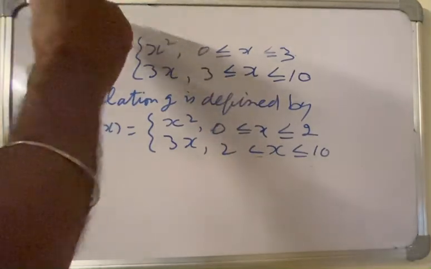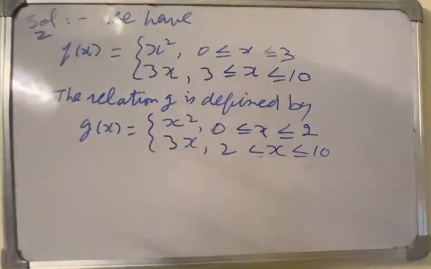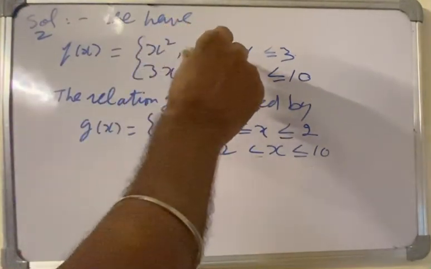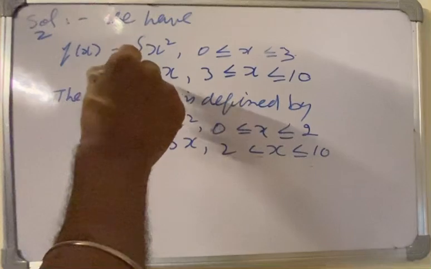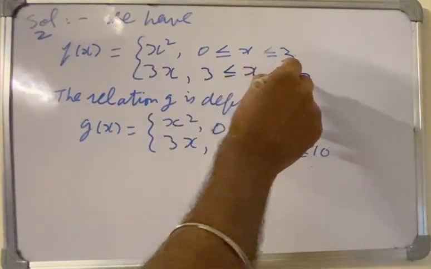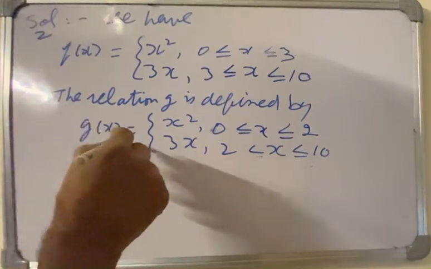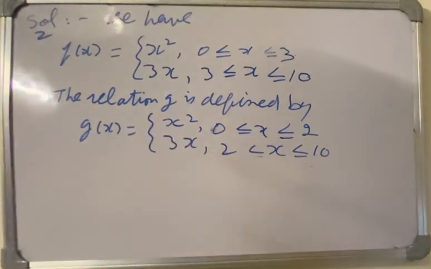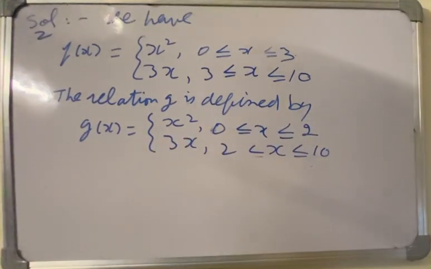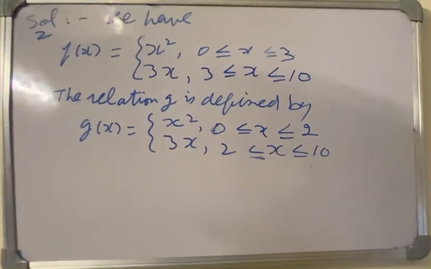We have f(x) is x squared for 0 less than equal to x less than equal to 3, 3x for 3 less than equal to x less than equal to 10. Then the relation g(x) is x squared for 0 less than equal to x less than equal to 2, 3x for 2 less than equal to x less than equal to 10.